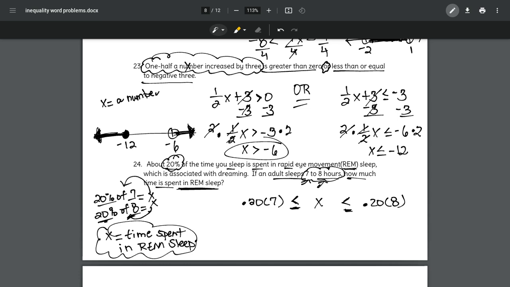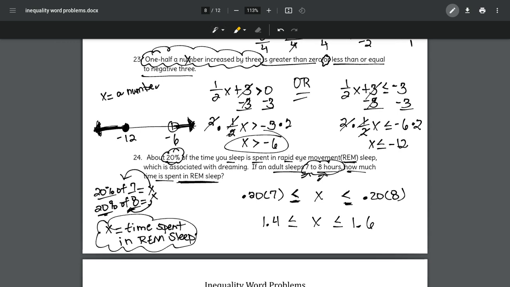And then I'm going to find 20% of 7, which is 1.4, and find 20% of 8, which is 1.6. So keep in mind, x is the time in REM sleep.